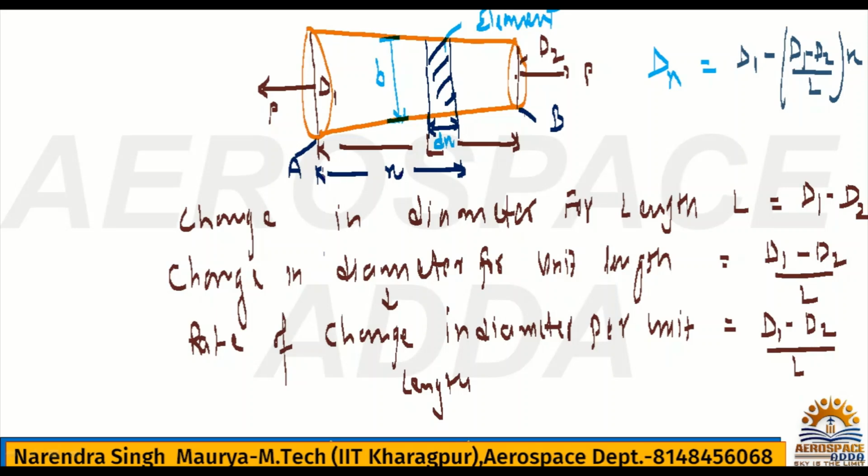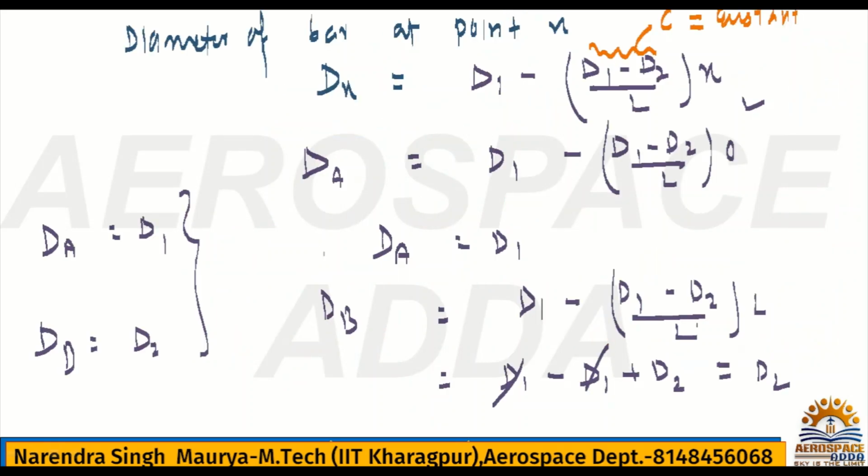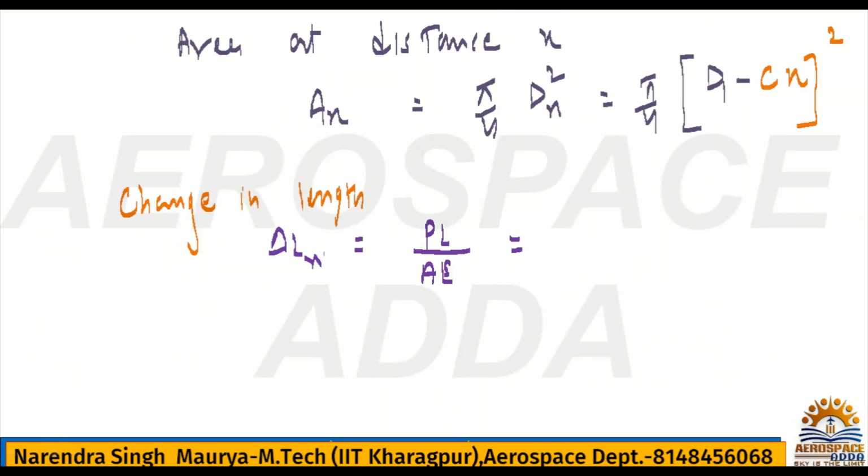That is the actual idea behind this calculation. So for the small strip dx, it becomes delta Lx. Now this P and this L will be the small strip length dx, divided by the area for the small strip ax, and this is E.